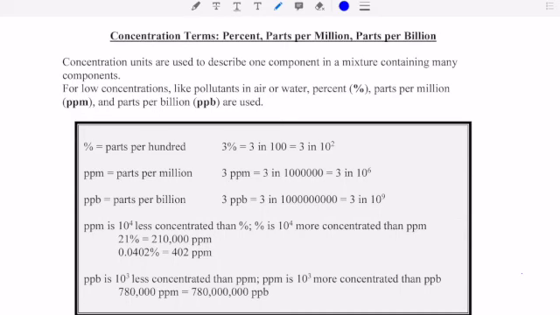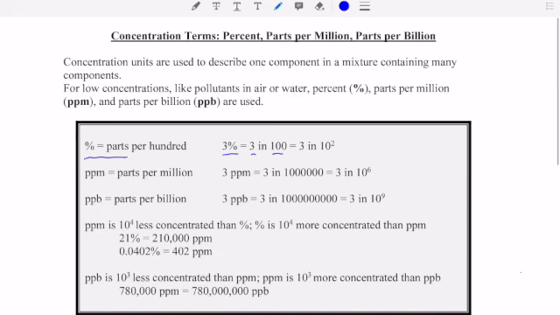We'll review these concentration terms, percent, parts per million, and parts per billion, in this worksheet during the lecture time. But this is a quick review in this box that percent is parts per 100. And so if you have something that's 3%, it's 3 in 100 parts. Okay? And so another way to think of that is not just 3 in 100, but 3 in 10 squared.